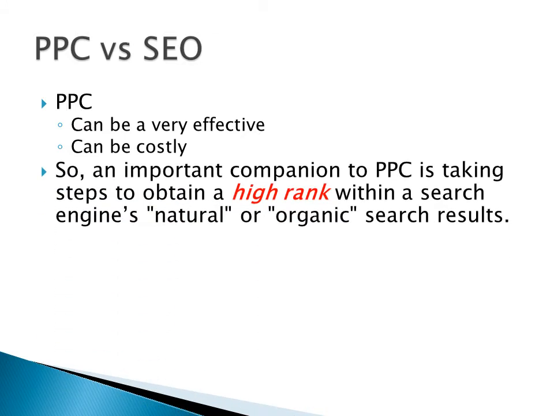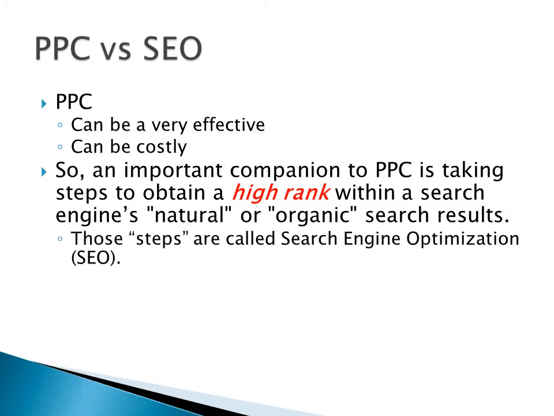So since they're costly, an important companion to pay-per-click is taking steps to obtain a high rank within a search engine's natural or organic search results. And steps that you take to do that are called search engine optimization.